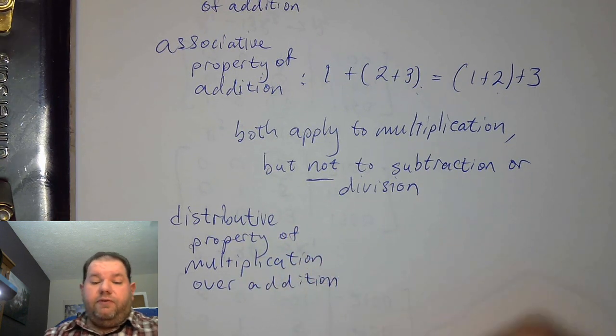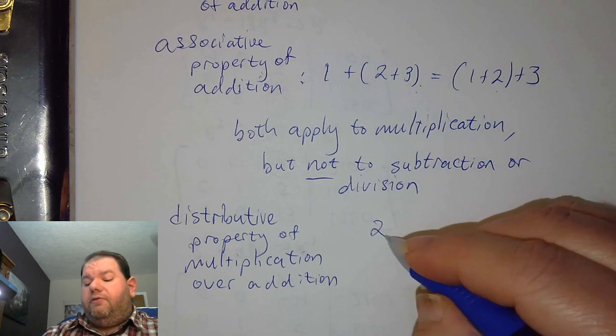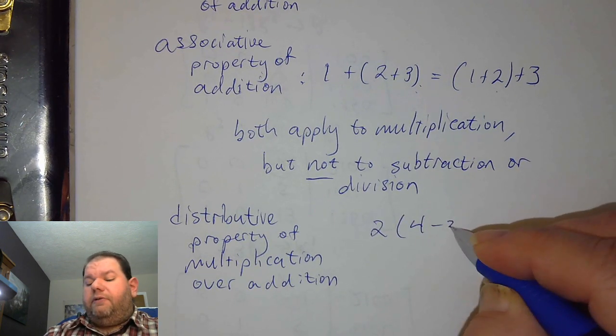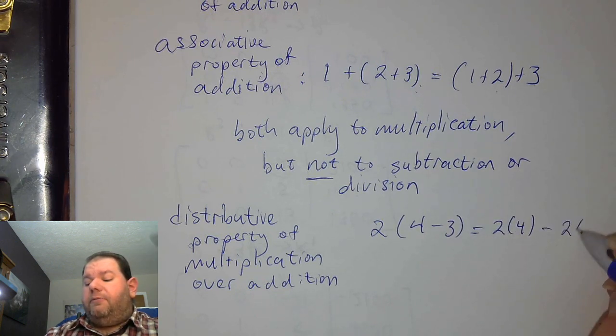In this case, it works for addition and subtraction, but inside the parentheses. So we could have 2 times 4 minus 3 is 2 times 4 minus 2 times 3.